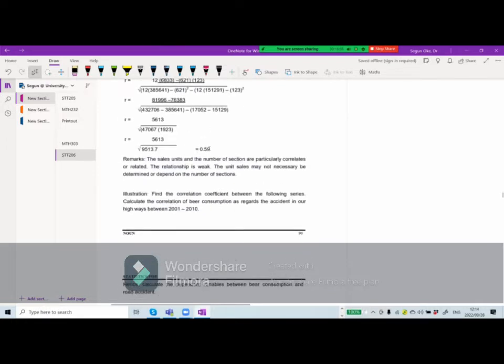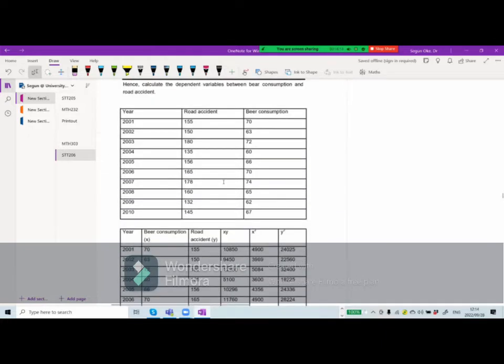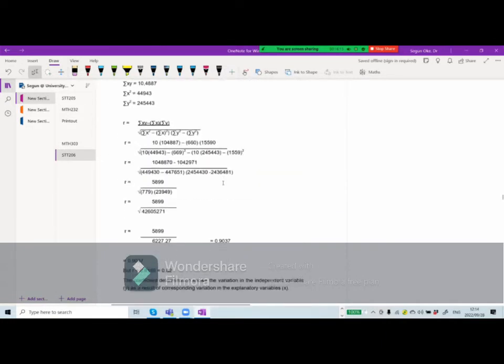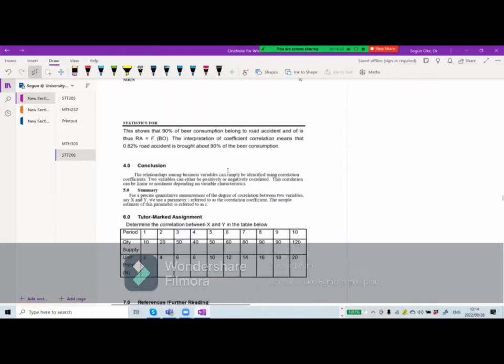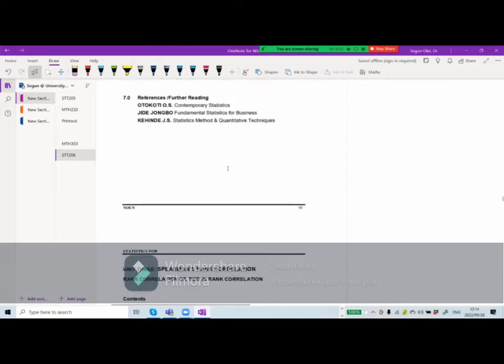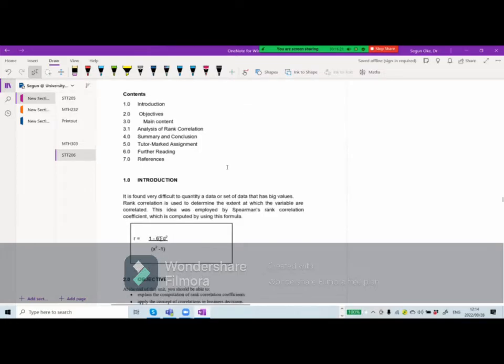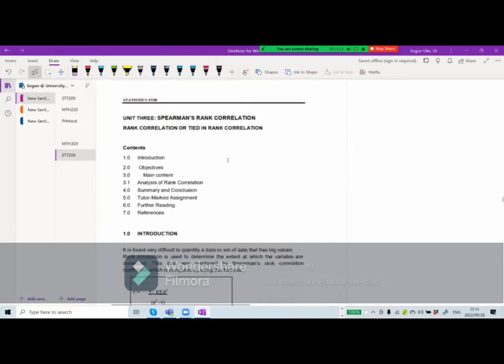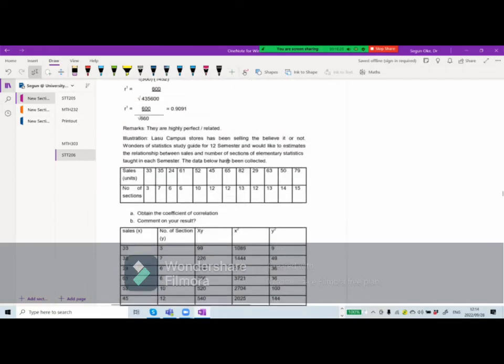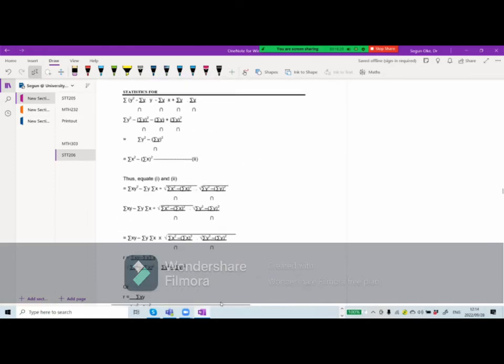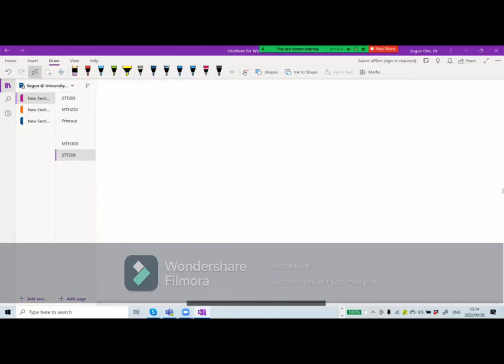How do we interpret our answer? At what point do we say it is a perfect negative? At what point are we saying it is a perfect positive? At what point do we say it is a strong negative or strong positive? We'll look into it one after the other, and we'll be able to draw a lot of conclusions today.